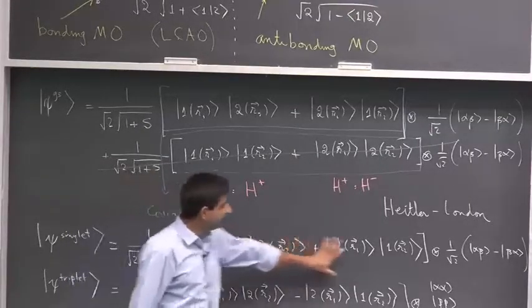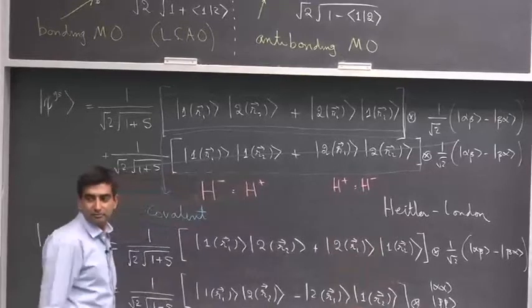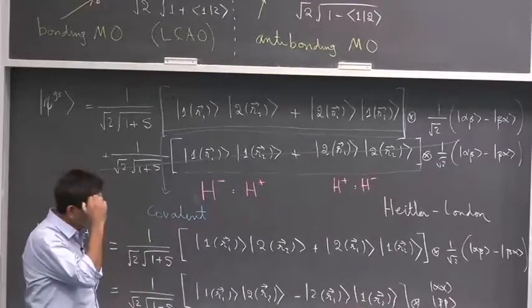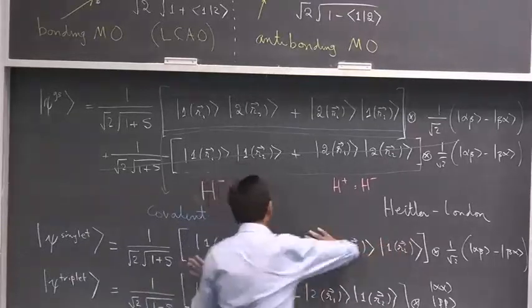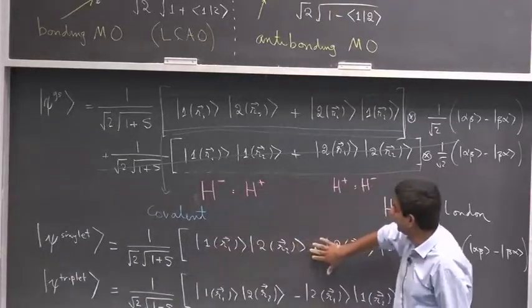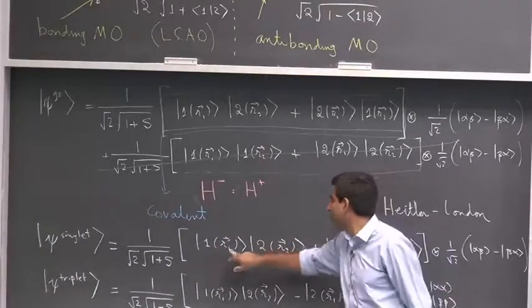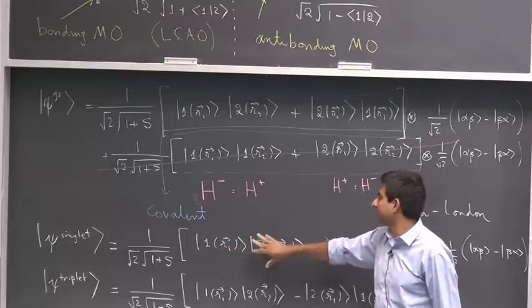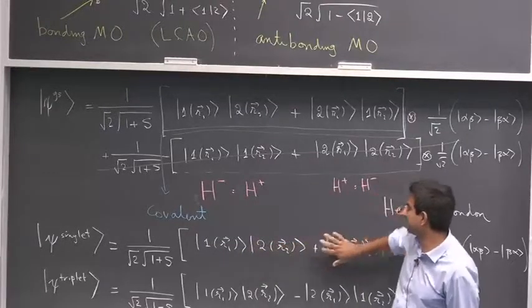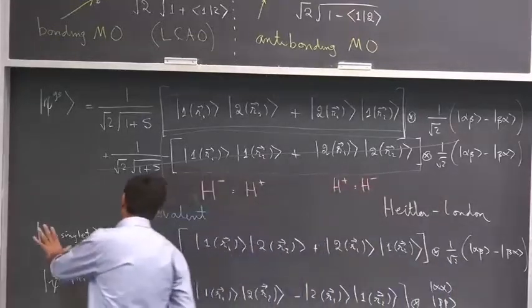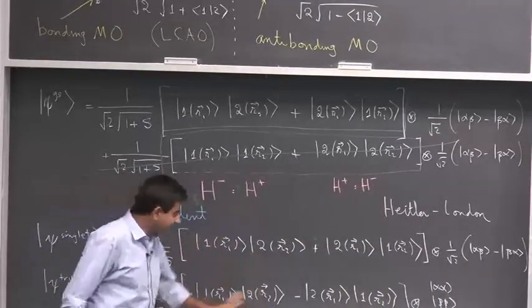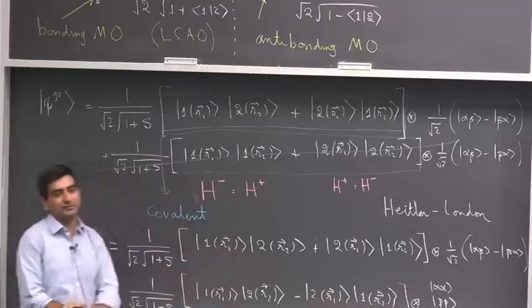So this is even under exchange. If I just had this term over here, it would be neither even nor odd, because I would have 2 R1, 1 R2, which is unrelated to the original. So I need this linear combination. This is the singlet state, and this is the triplet state.